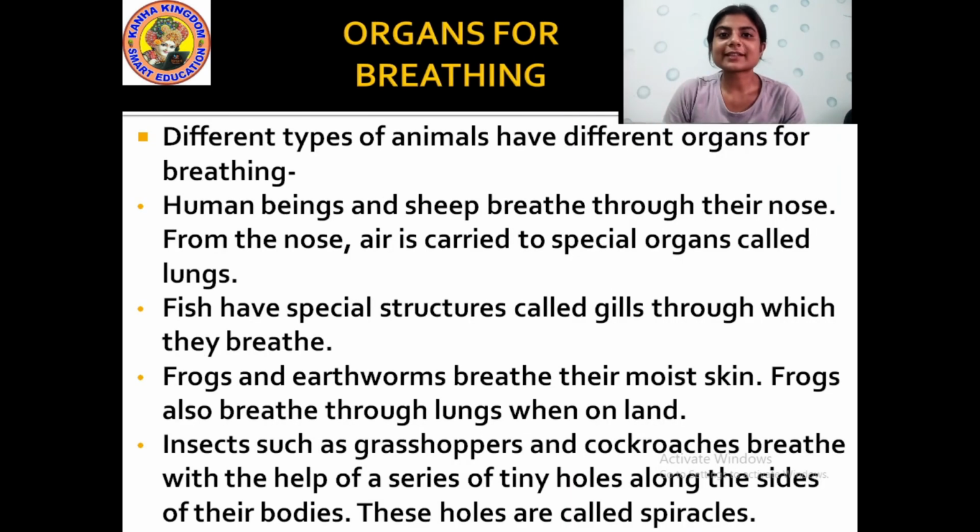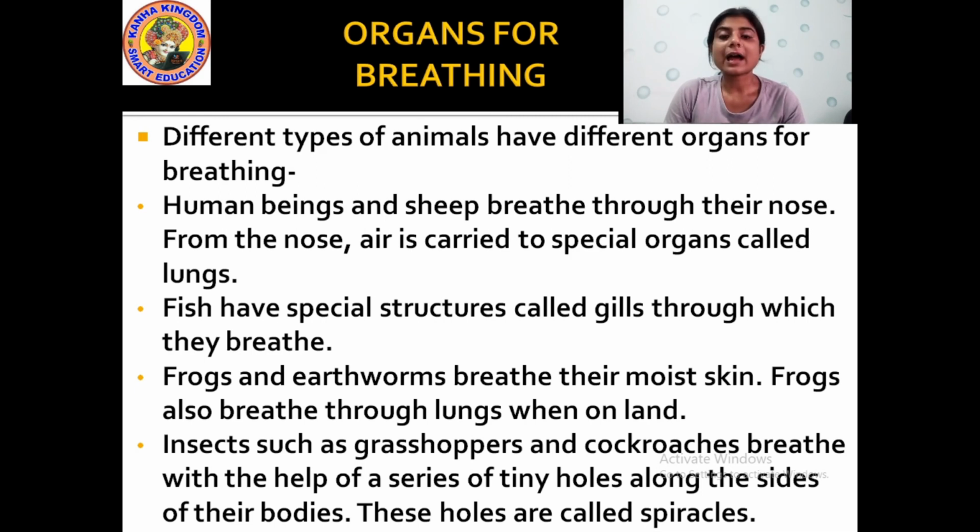So now students, let us study the organs for breathing. Different animals have different organs for breathing. Why? Because different animals have different habitats. Some live in water, some live on land, some are small animals, yes or no? Animals who live in water have a different breathing organ.